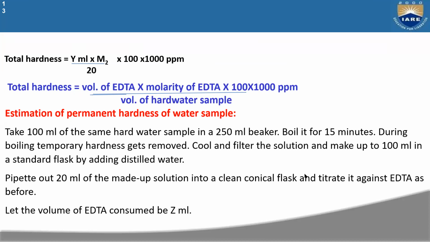So estimation of permanent hardness of water sample means we have to take 100 ml of the same hard water sample in a 250 ml beaker.